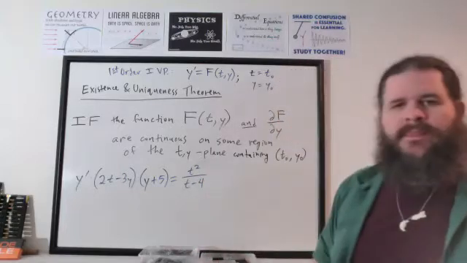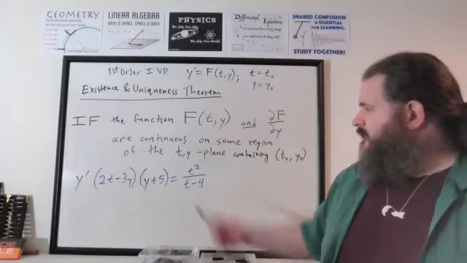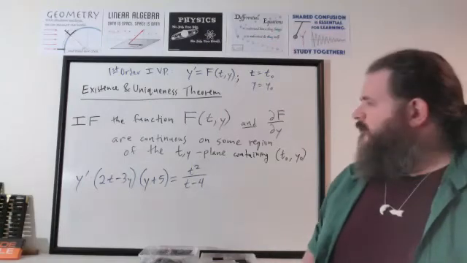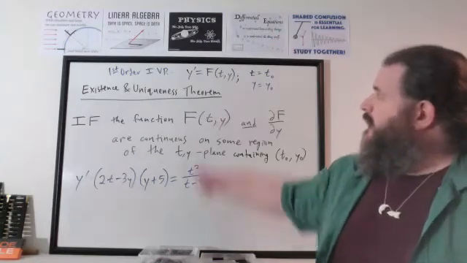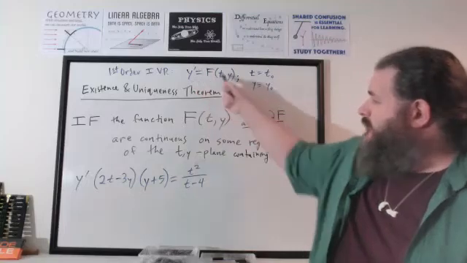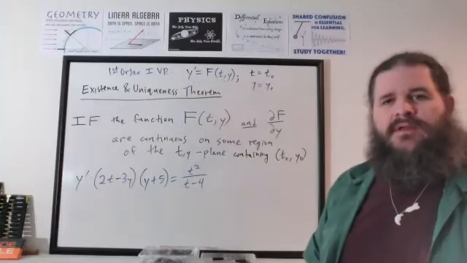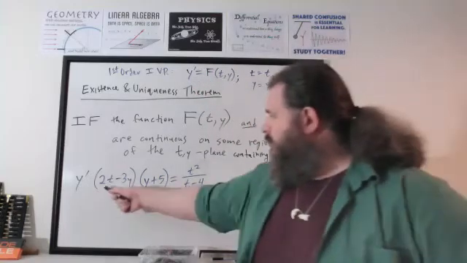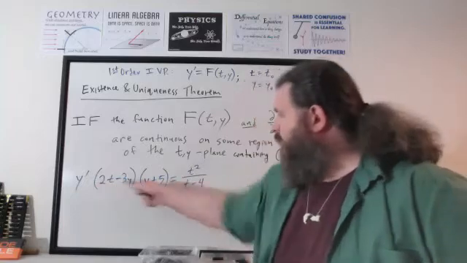Something like that. If this is our differential equation, then before we do anything with it, we want to rewrite it in this format. Y prime equals something about just t and y. Which means, of course, we'll have to isolate y prime by dividing both sides by these.